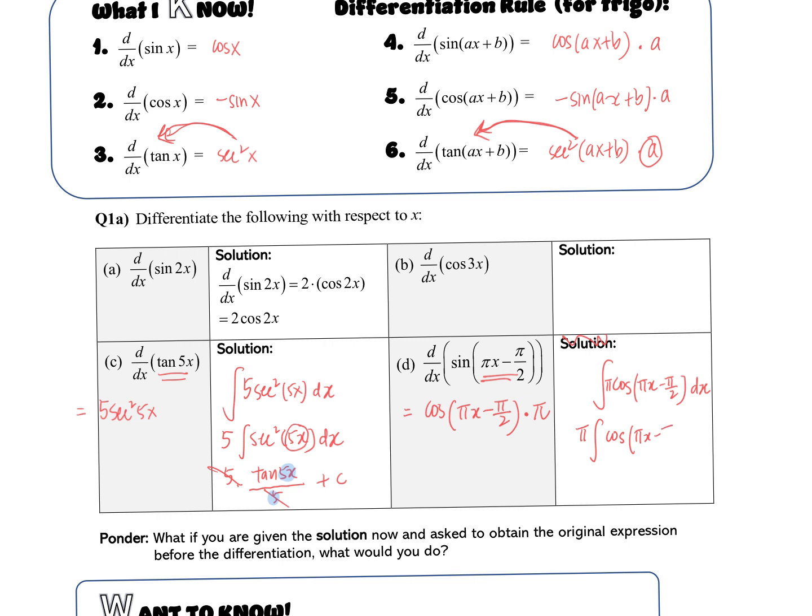Anything with x, you cannot take out of the integration. It must stay there. So integrate cosine, get back sine. Divide by pi. Then there is a pi outside, and then we just add a plus c. So you see that you get back this original form.